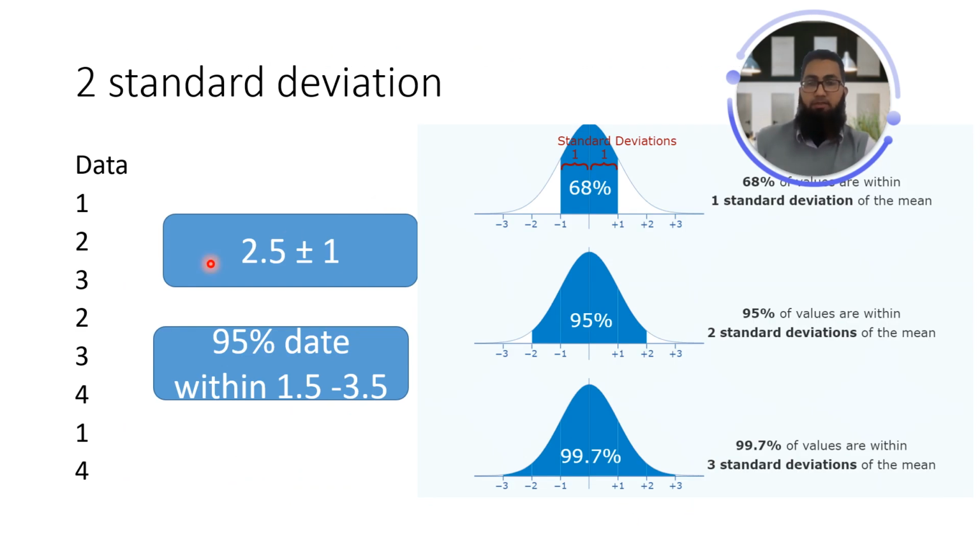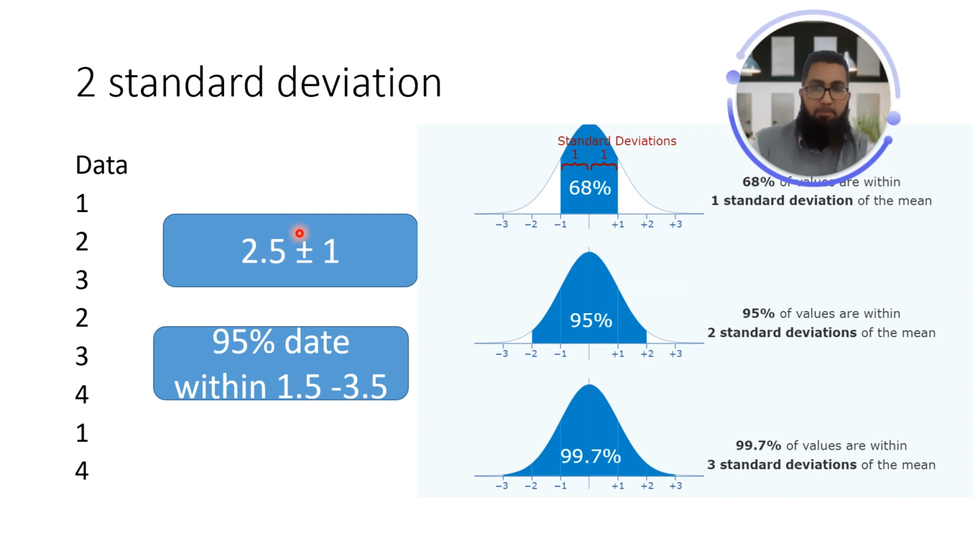Look at this information here: 2 standard deviation. Now this statement is really misunderstood. For now, just ignore it. Look at the data: 1, 2, 3, 2, 3, 4, 1, 4. If you calculate the mean, you add them all up and divide by how many there are, it is 2.5.